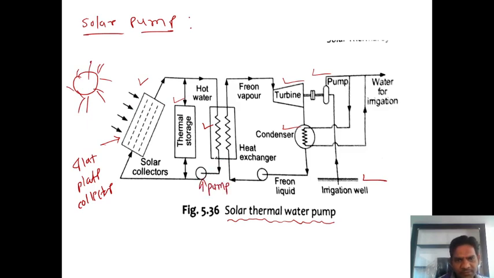So from the pump, the hot water will be circulated, meaning the hot water enters through these heat exchangers. With the help of the pump, it is passed into the solar collectors. This solar collector increases the temperature of the water in the range of 80 degrees Celsius to 90 degrees Celsius inside the flat plate collectors.